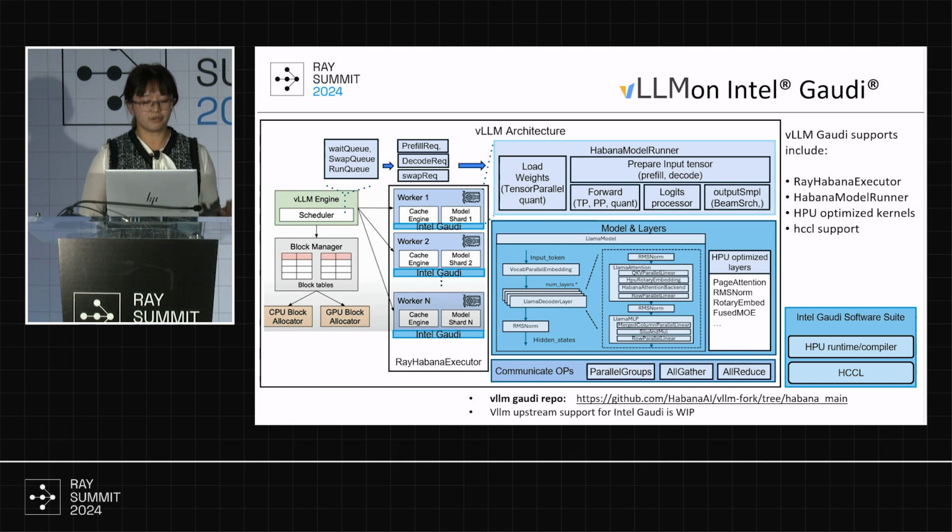And we also provide performance tuning feature adaptation implementations in the input tensor preparation, logits processors, and output sampling. So with the above changes, we can have VLM's brilliant features such as speculative decoding, continuous batching, and multi-step scheduling also run on HPU effortlessly.